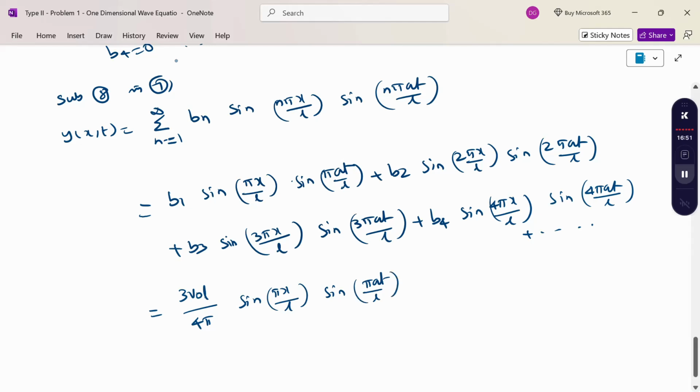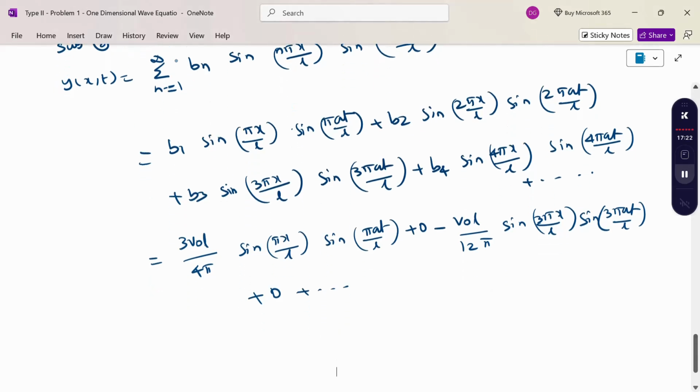The other term b2 is 0, then plus b3, which is minus v naught L by 12 a pi, times sin(3 pi x by L) sin(3 pi at by L). Then b4, b5, b6 and so on are 0.